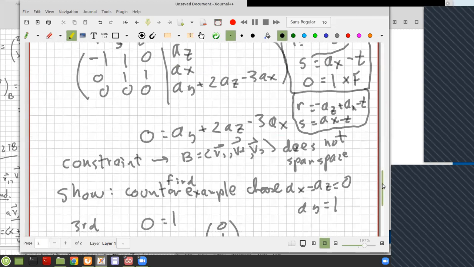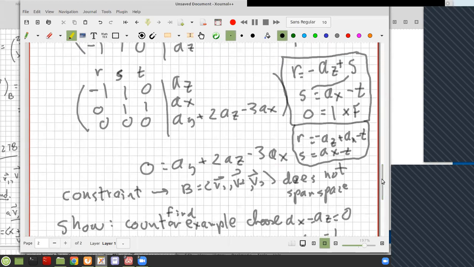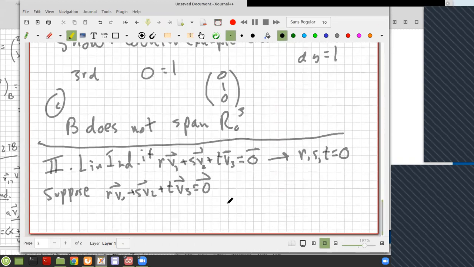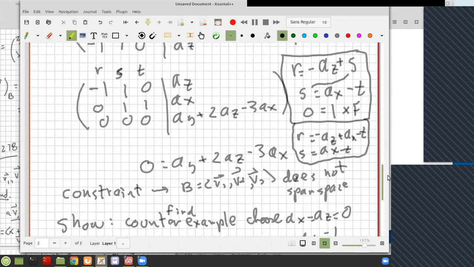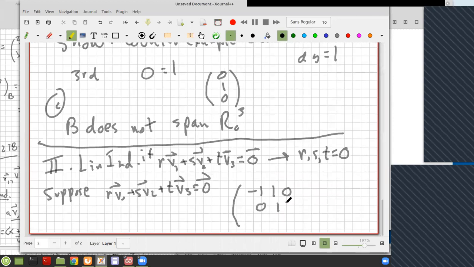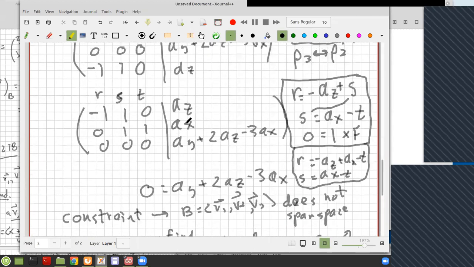So the row echelon form version of the augmented matrix of this system is going to be -1, 1, 0, 0, 1, 1, 0, 0, 0, 0, 0, 0, because I'm choosing the values ax is 0, ay is 0, az is 0, so all three are 0.